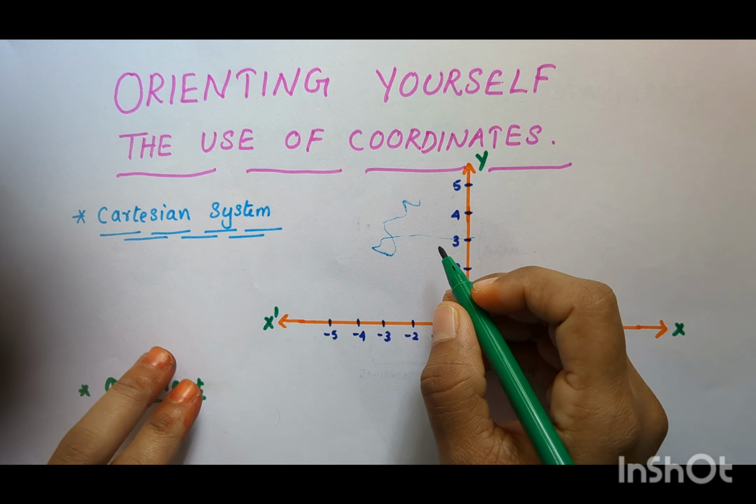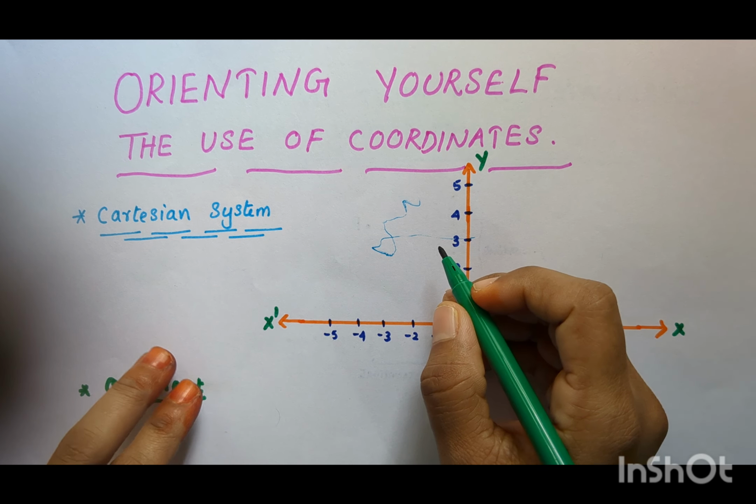See, the coordinates uniquely determine a point in the plane. That is, if you consider the coordinate a comma b, this will not be equal to the coordinate b comma a, because both represent two different positions in this Cartesian plane. For example, let us consider a as 1 and b as 3. Then where does the point 1 comma 3 lie in this plane?